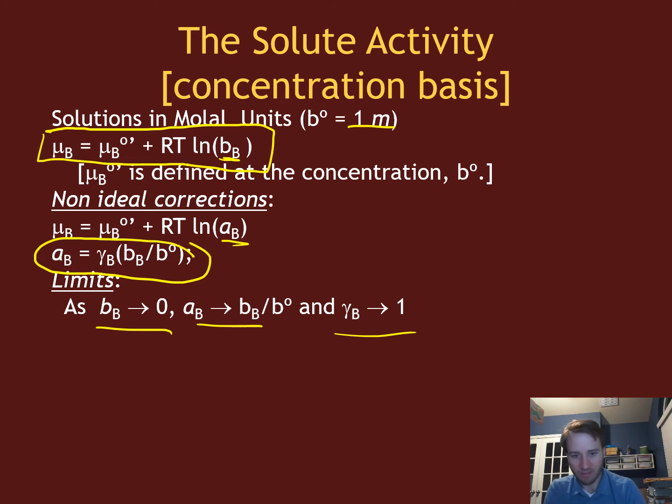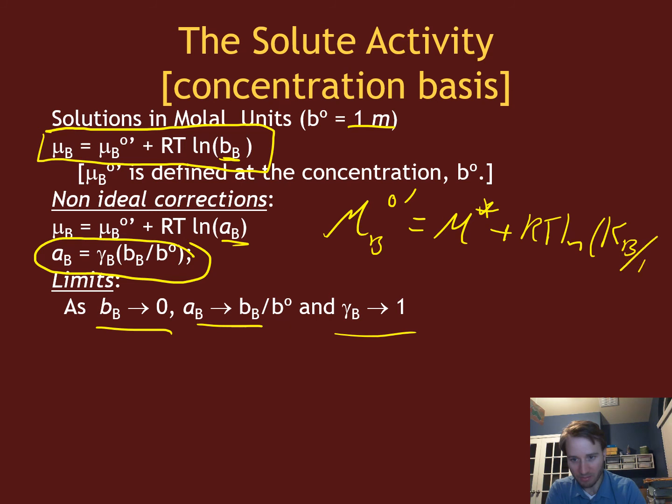That mu B naught prime is equal to the chemical potential of a pure solute, plus this RT ln of KB divided by PB star, and then minus RT ln of B naught, 1 mol. Which actually this term comes to 0.